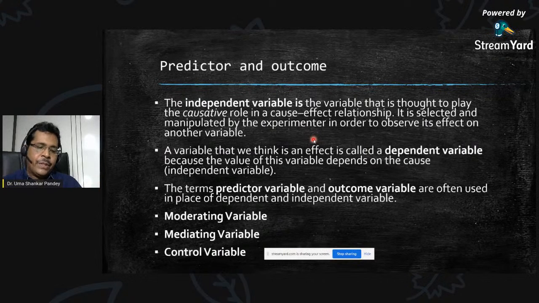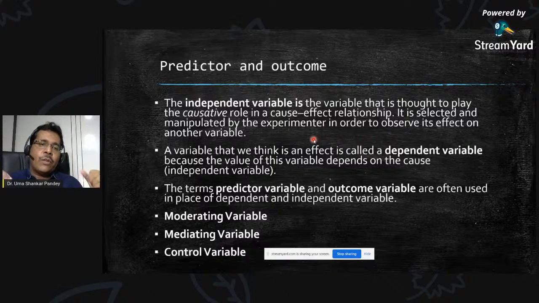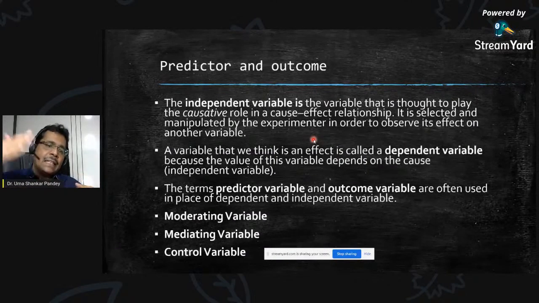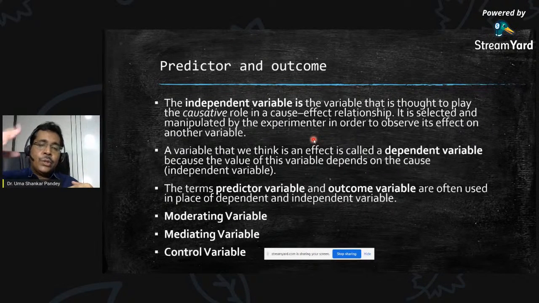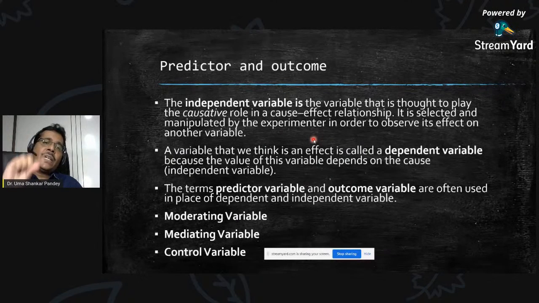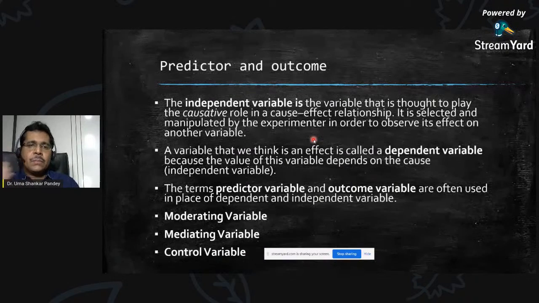Say for example, your calorie intake is often a mediating variable, because if you do a lot more exercise, then probably your calorie intake increases, and that has an effect on your weight loss. So the calorie intake could be a mediating variable. It is very important to realize the difference between a moderating variable and a mediating variable. A lot of people confuse between these two, so it is important to remember the context of moderating and mediating variables.